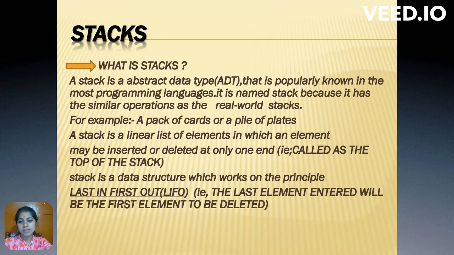Firstly, what is a stack? A stack is an abstract data type that is popularly known in most programming languages. It is named stack because it has similar operations as real-world stacks, for example, a pack of cards or a pile of plates.